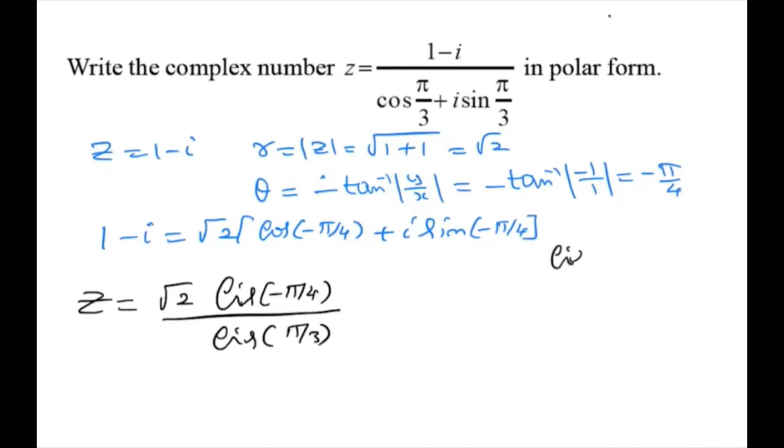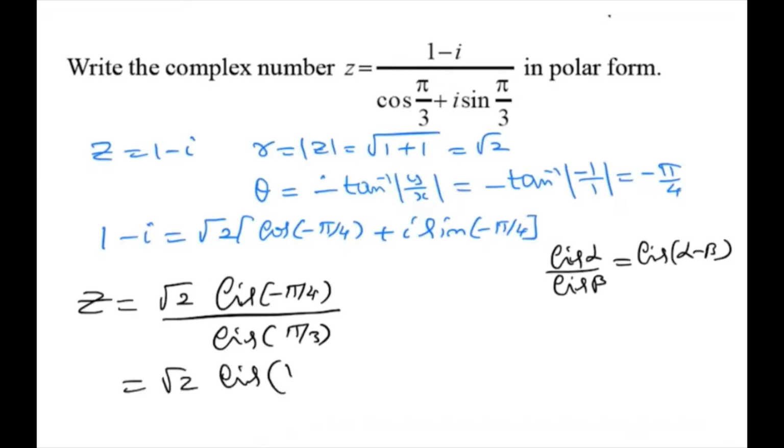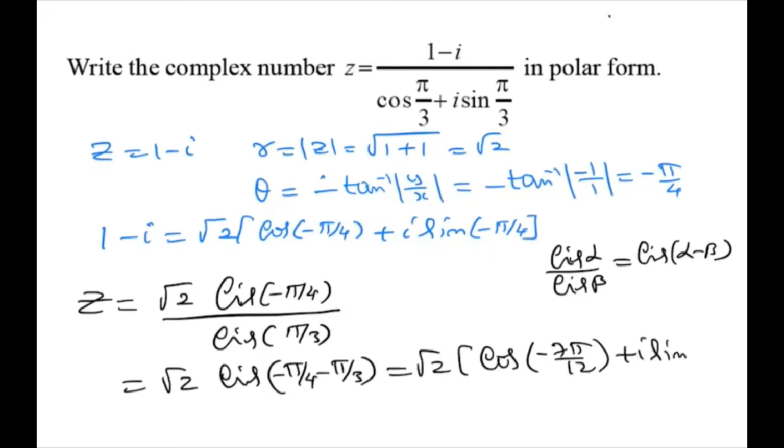As we know, cis alpha upon cis beta is cis of alpha minus beta. This becomes root 2 times cis of minus pi by 4 minus pi by 3. That is root 2 times cos of minus 7 pi by 12 plus I into sin of minus 7 pi by 12. This is the required polar form.